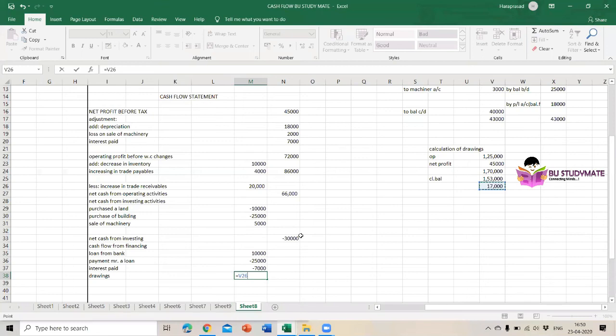Okay, this one is over. 5,000 is the net cash from financing activities.